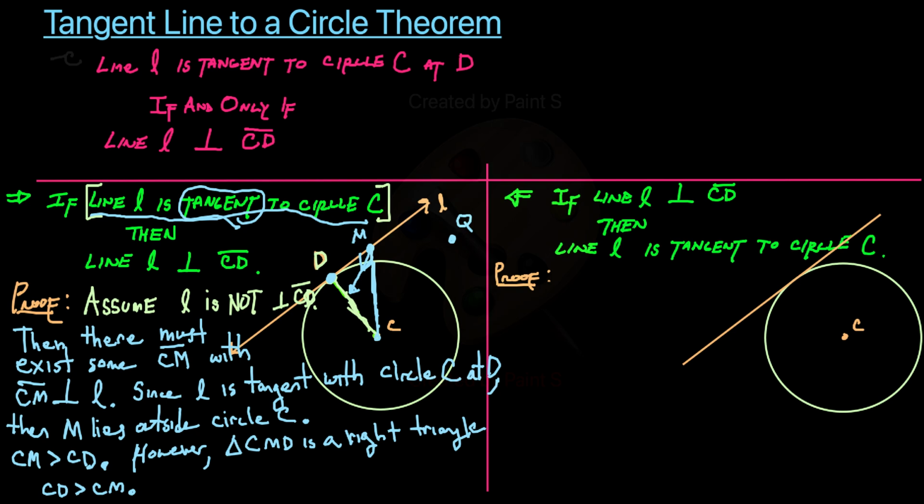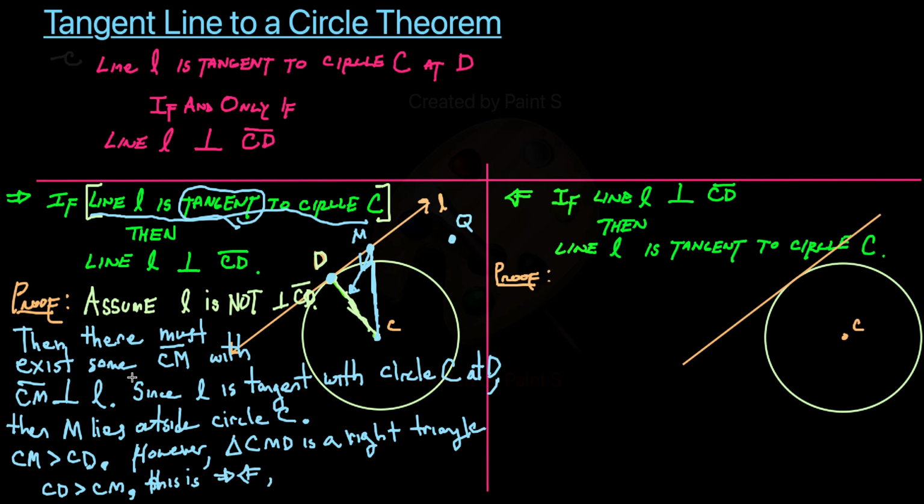And this is your contradiction. Because I have that CM is greater than CD, but now I have that CD is greater than CM. Both of these things cannot be true. This is a contradiction, and you could draw two arrows facing each other to illustrate it.